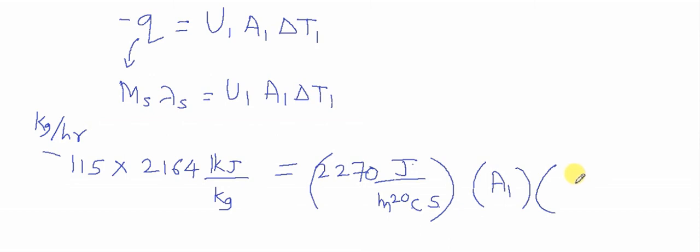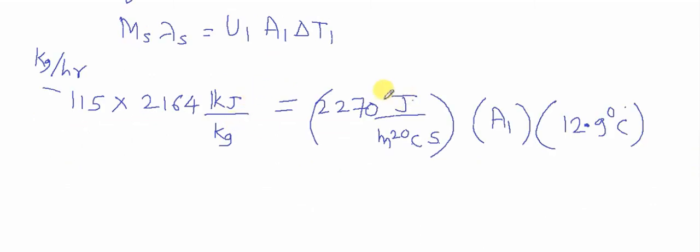We know this temperature difference, it is 12.9 degrees Celsius. Please note that here it is in joule and here it is in kilojoule. Here it is in second, and here this value is per hour. So we have to go for proper conversion.